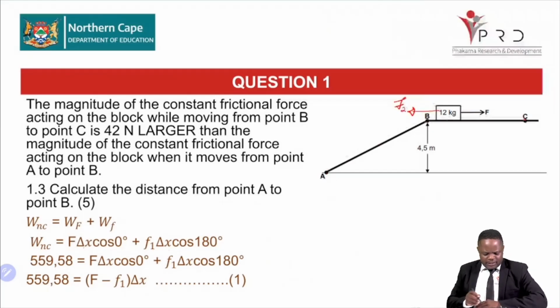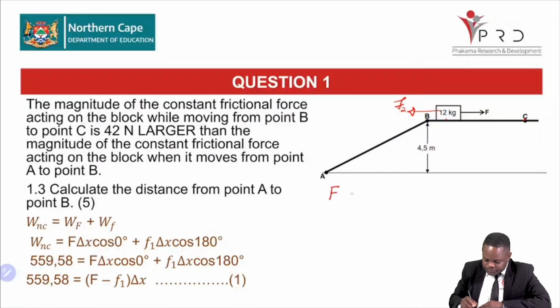What are we told then? Take note here, this object is moving at constant speed between B and C. So what is the net force that is acting on our object there? The net force is going to be F minus F2, which is our frictional force between B and C.